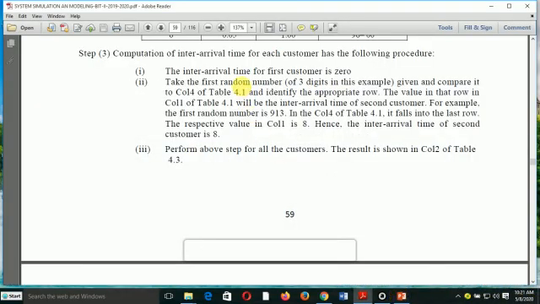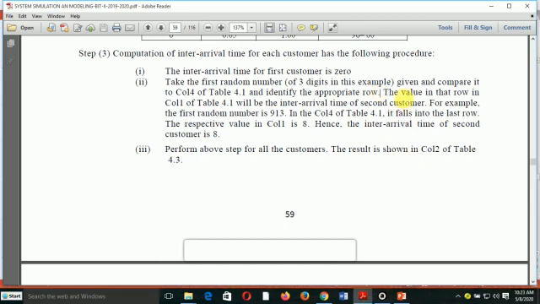Take the first random number of 3 digits in this example, compare it to column 4 of table 4.1, and identify the appropriate row.